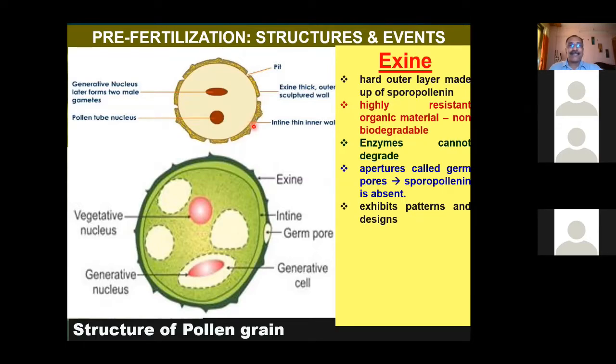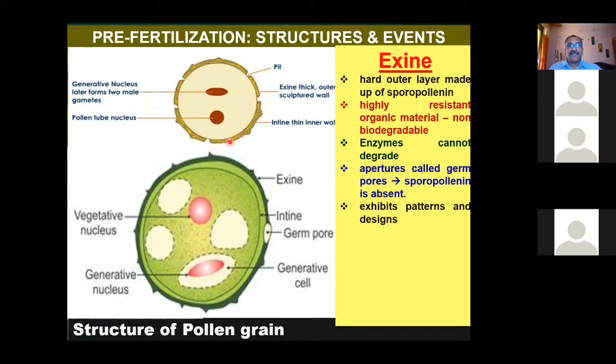Because here and there is an area where there is no sporopollenin. That means the exine has certain pits. In some monocots, sometimes only one pit will be there. In dicots, sometimes three pits can be seen. But in some diagrams, you can see more than three pits.